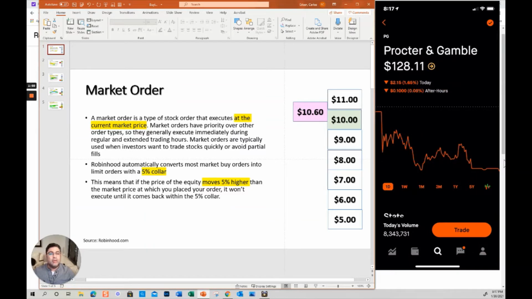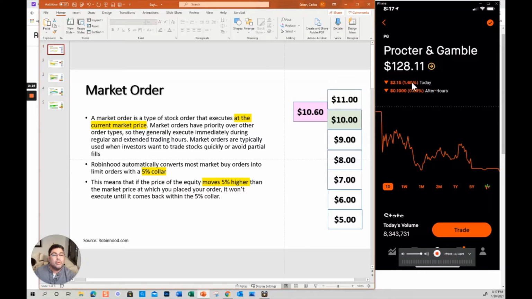Okay. So let's look at some of the information first before we decide what type of order we want to place. First of all, the important thing that we can see here is that it closed at 128.11. So that's the price that it closed in the after hours.